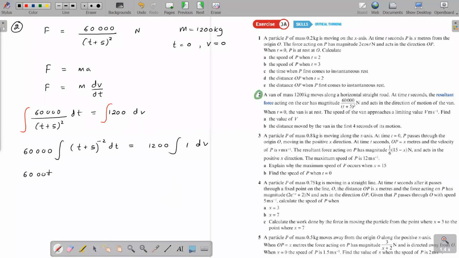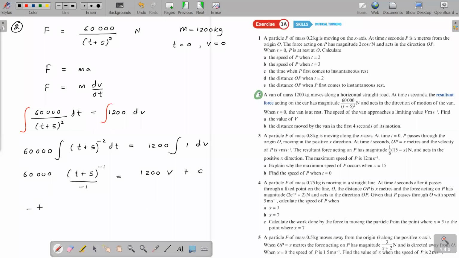So when you integrate (t plus 5) to the power minus 2, you add 1, giving (t plus 5) to the power minus 1, divided by minus 1. There is no coefficient of t; if there was, we would have to divide by that as well. The integration of 1 with respect to v is v plus the integration constant c.